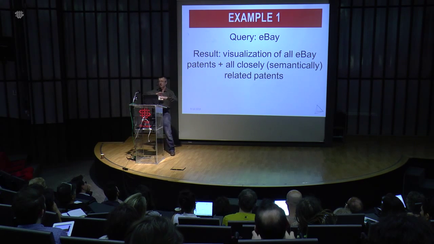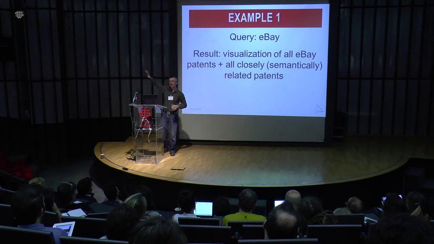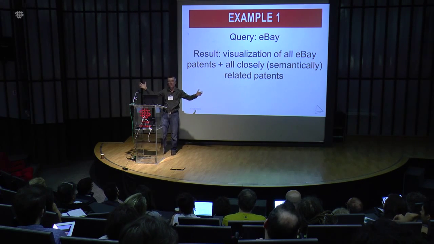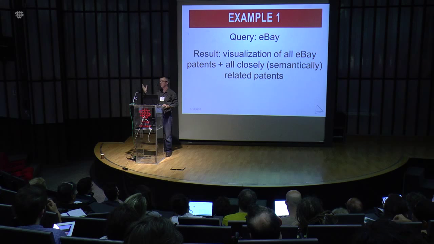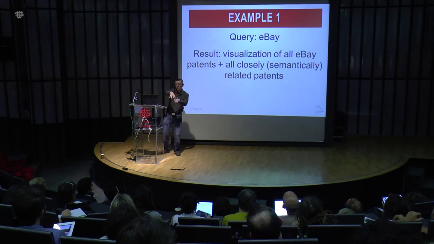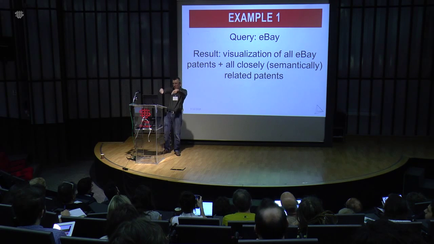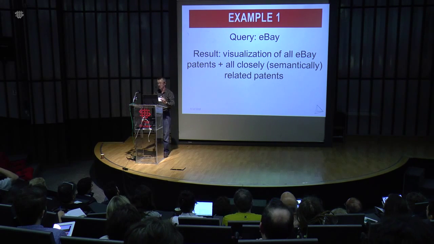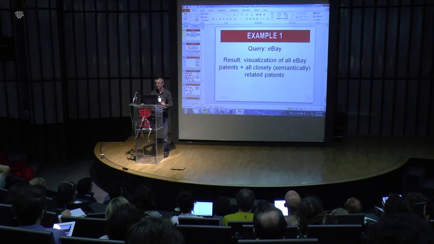So basically what we can do is take the entire semantic map of all the patents available from the USPTO. It's 7 million patents and patent applications, actually. And we can drill down to any region, basically cut around something, and you can see the visual representation of whatever is sitting out there. And here's an example.